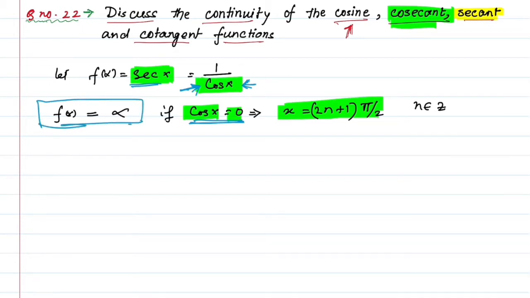So, if cos x is equal to 0, then x is equal to twice n plus 1 pi by 2, it is the general solution. If you have studied the trigonometry chapter, then you must know this. We have already studied it in class 11, isn't it? So, it should be known to you, I think.